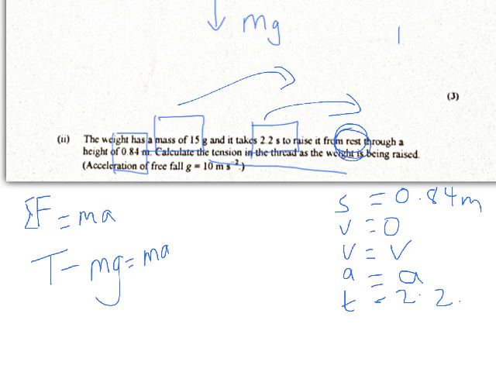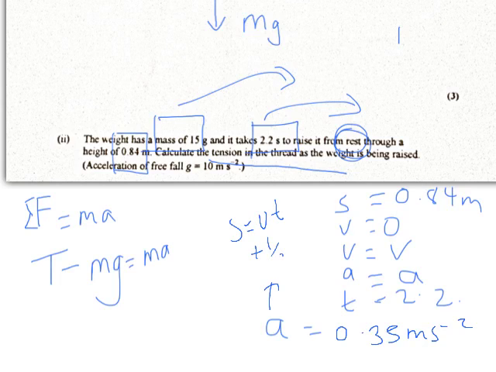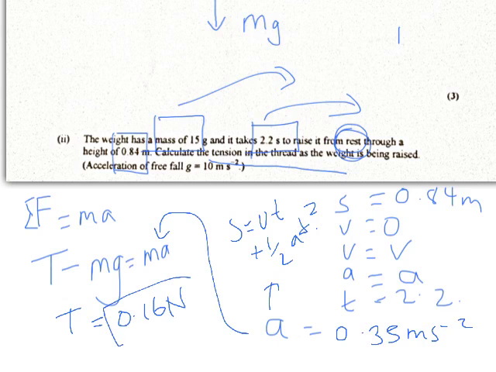So let's work this out to give us an a of 0.35 meters per second squared. And we found that using s equals ut plus half at squared. Once we can substitute that value into the acceleration, then we substitute all the other values in, and we should get a tension of 0.16 newtons.